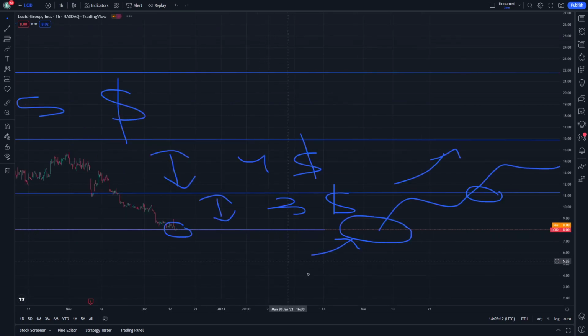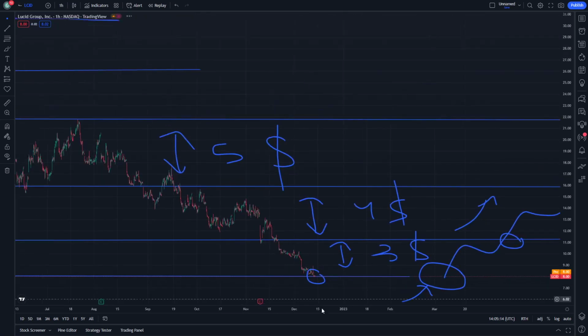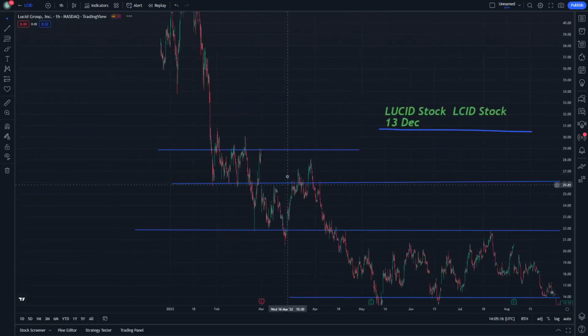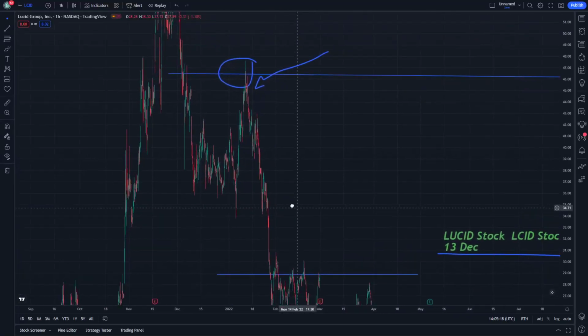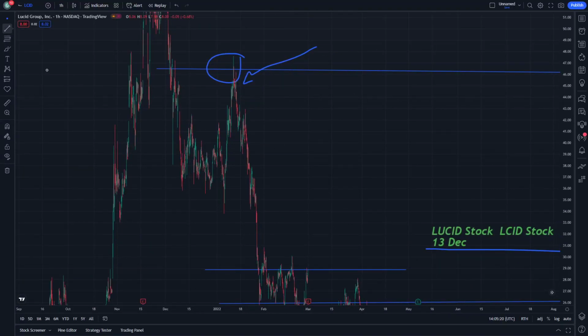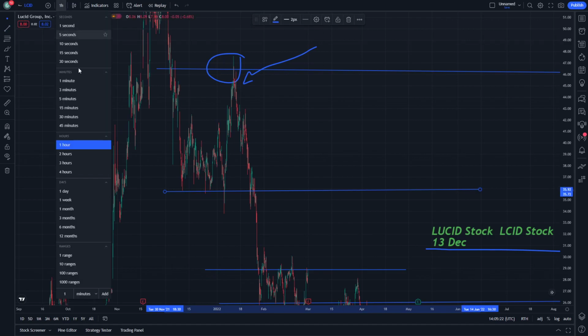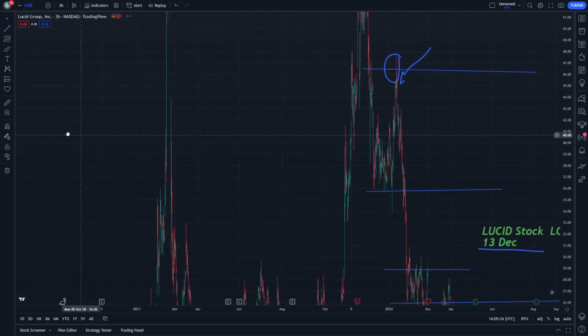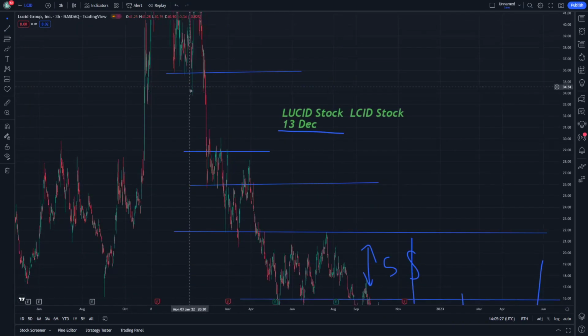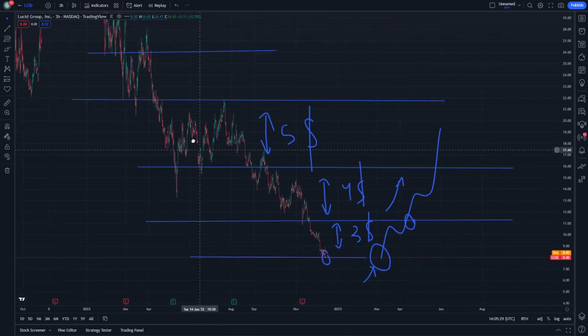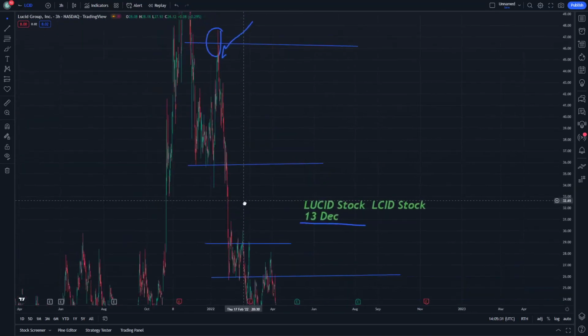If we went for the 1 hour update, this is going to be the same thing, but we can see that we have missed about 1 trend line, which is going to be here. If we went for 3 hours, it may be 1, 2, 3, 4, 5, 6, 7, 8.